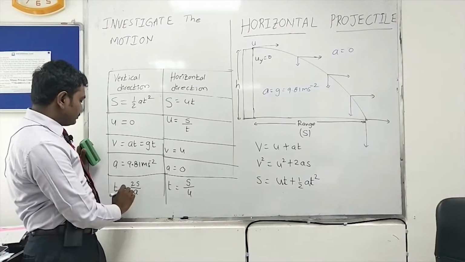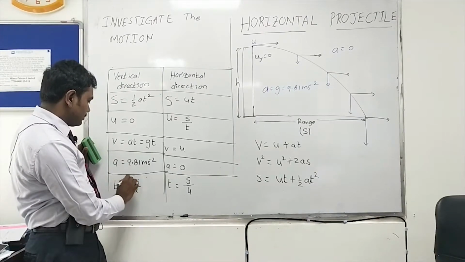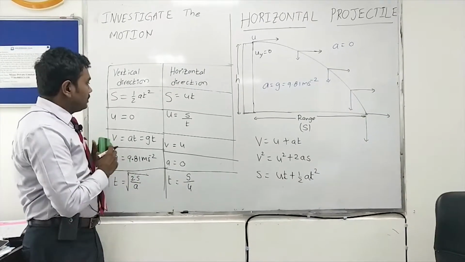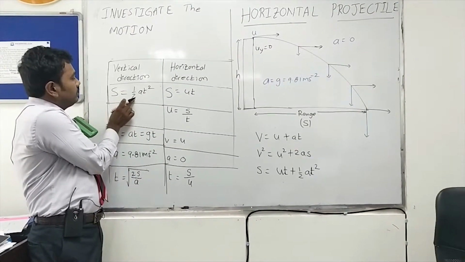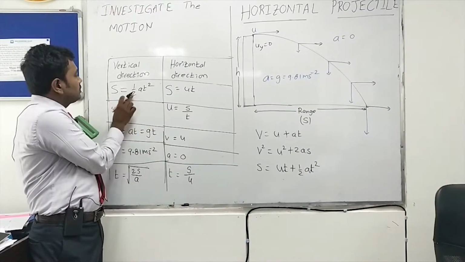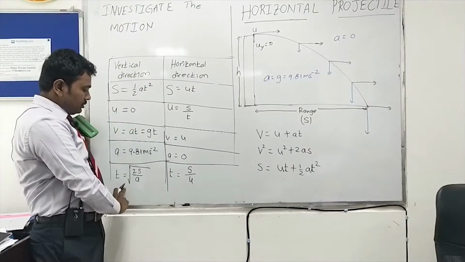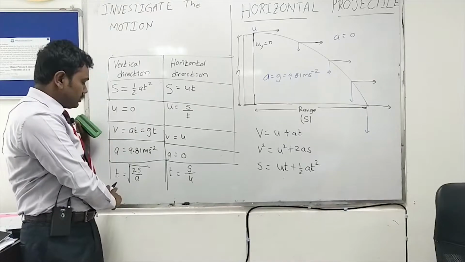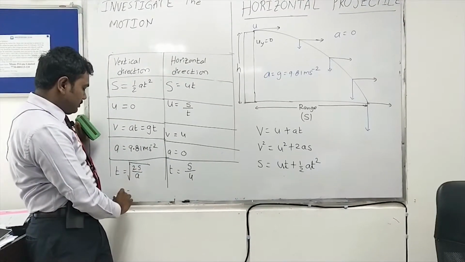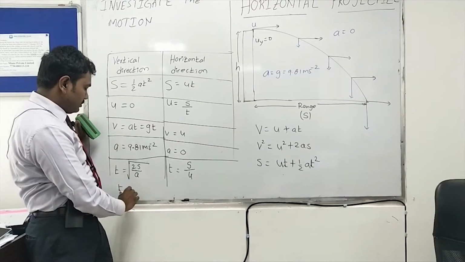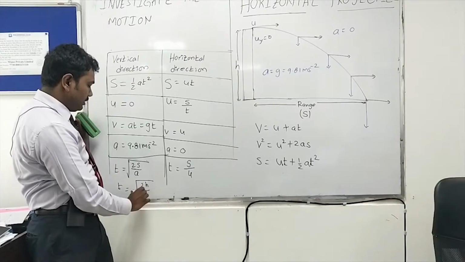Here t squared is there, so when you rearrange the formula, we get t squared equals 2s divided by a, but when you remove the square on one side, you get the root on the other side, that is t equals square root of 2s divided by a. This can also be written as t equals square root of 2h by g.